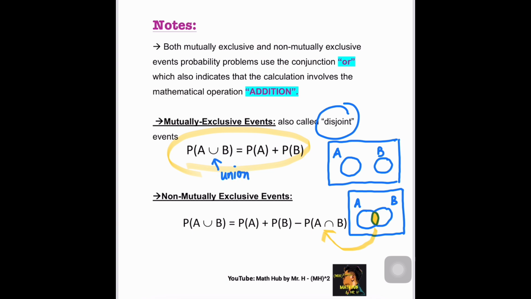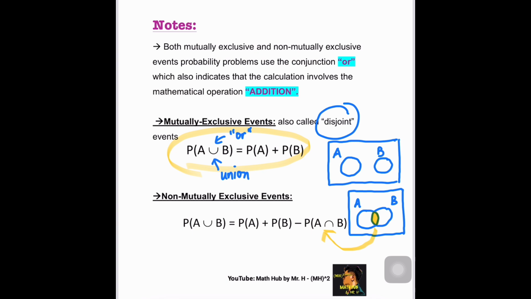So I recommend that you watch my other videos about set operations, okay? So that symbol means union, and conjunction used or.